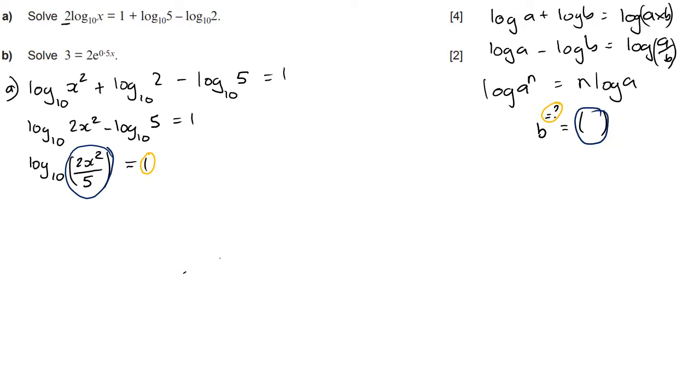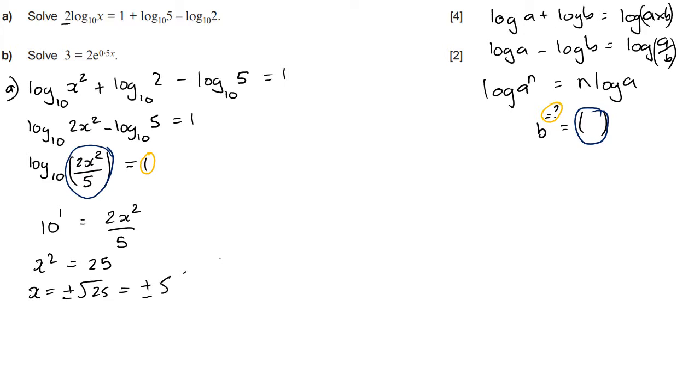The base is obviously in this case 10. So if we say that 10 to the power of 1 is equal to 2x squared over 5, we can now solve this equation. 5 times 10 is 50, divided by 2, so that we have x squared is equal to 25. x equals plus or minus the square root of 25, which is plus or minus 5.